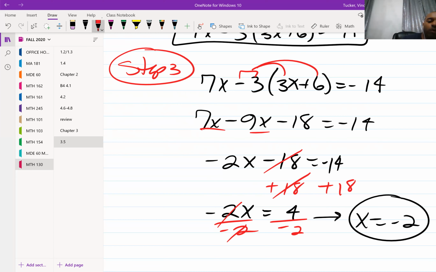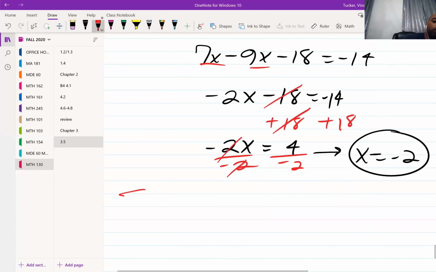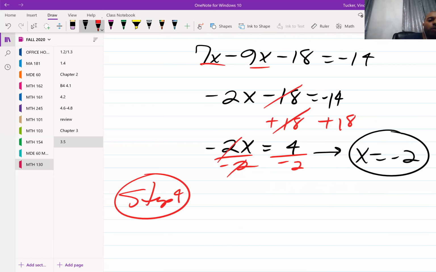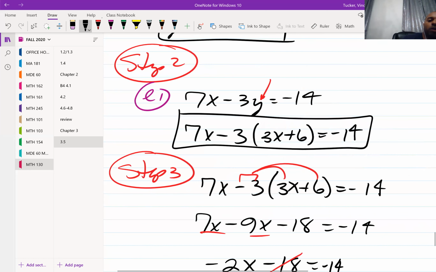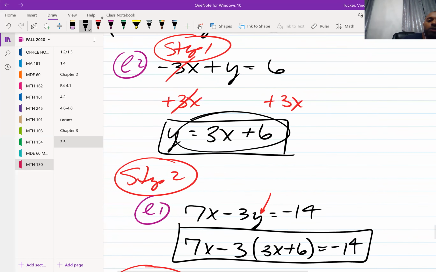All right, any problems before we go to step 4? So now we're going to take x equal to negative 2 and plug it into step 1's equation, which is y equals 3x plus 6.